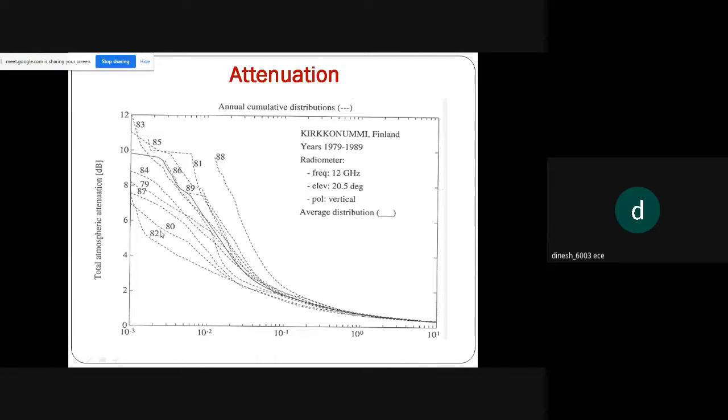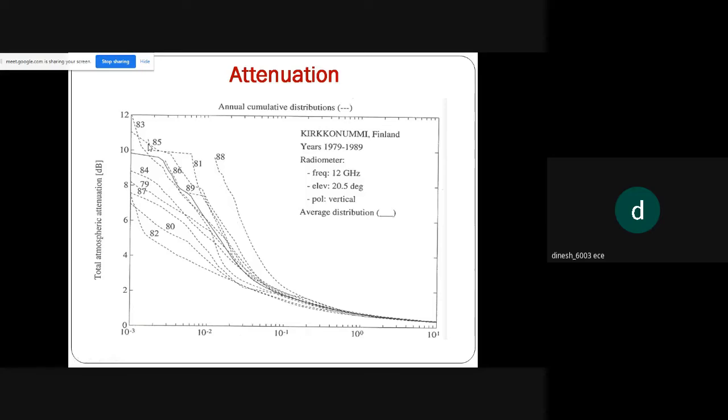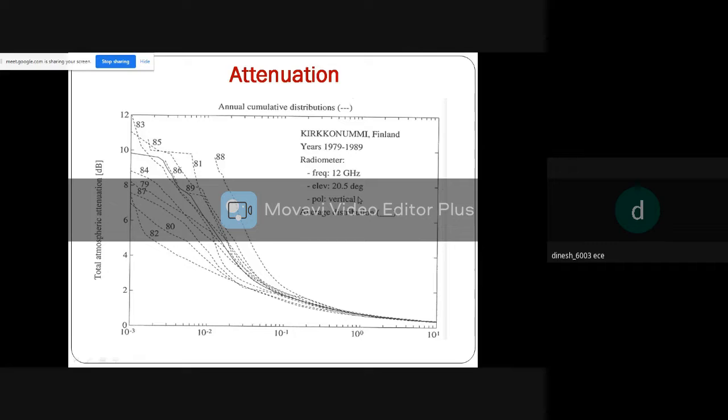In 1980, the atmospheric attenuation was lower, around 7. In 1981, it was around 11. This is obtained for a frequency of 12 gigahertz with an elevation angle of 20.5 degrees, vertical polarization.